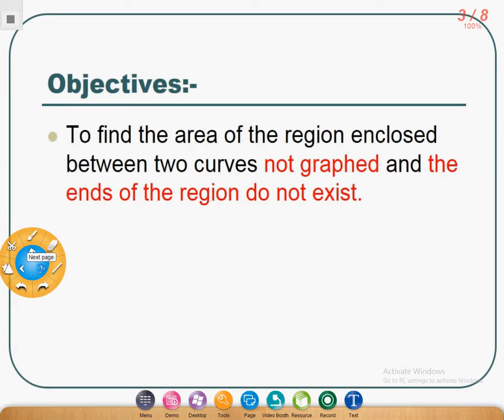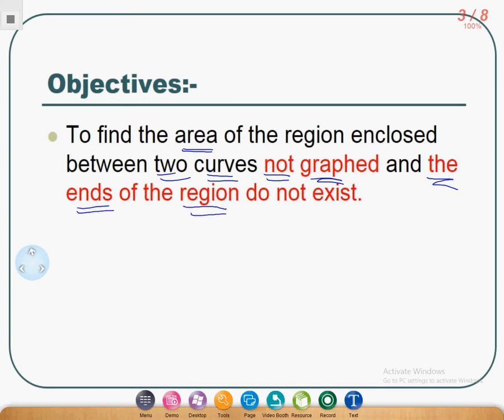Focus with me on the objective: to find the area of the region enclosed between two graphs, but take care. First of all, the graphs are not graphed. And second, the ends, I mean the numbers of the region, do not exist.